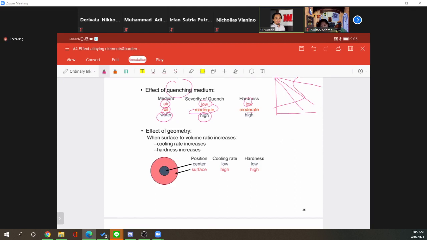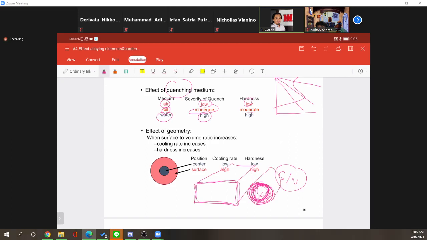What is the effect of surface to volume ratio? If you have a box like that, compared to this, it is easier to achieve hardenability with a cylinder form like that, rather than the box, because the surface to volume ratio is actually higher for the cylinder than for this box. So this is the effect of geometry.